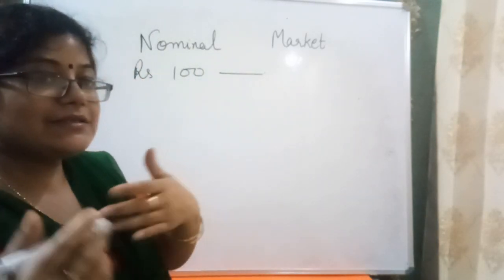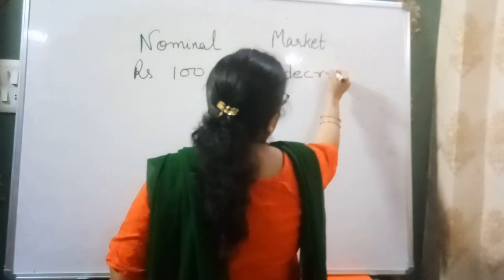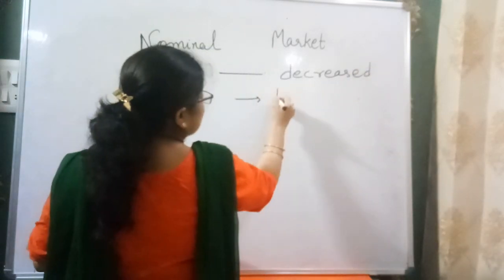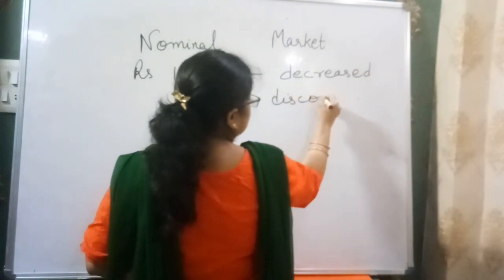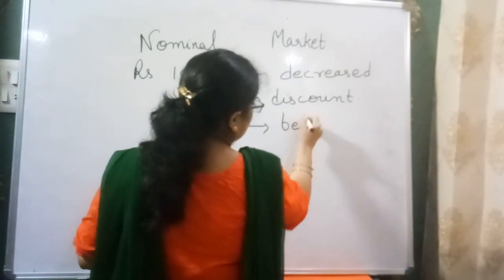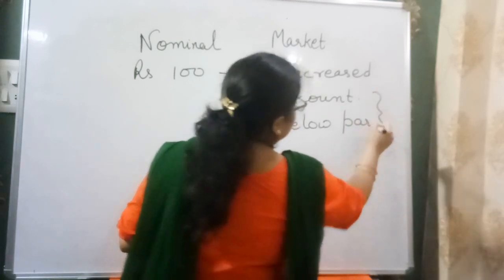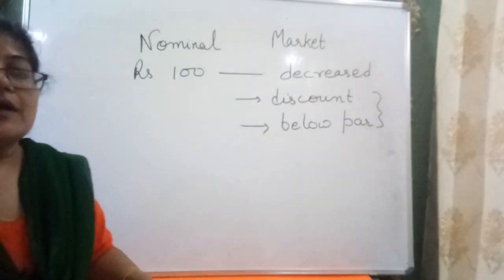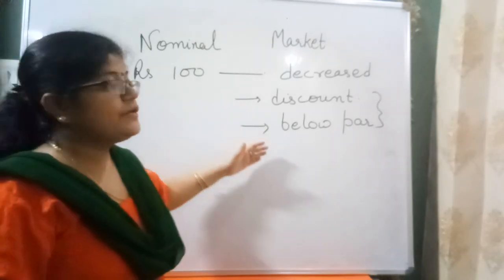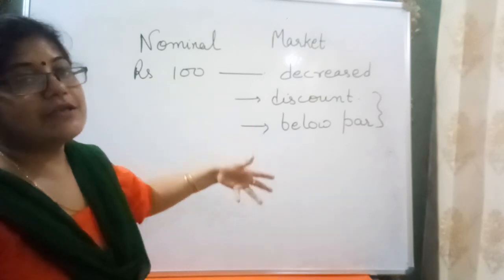That means it decreases. When the price of the share decreases, it is generally written in the question as discount, or it is written as below par. These are the two words in the question by which you can easily differentiate whether the price increased or decreased.